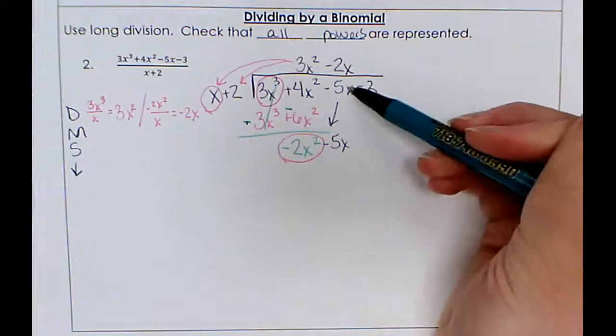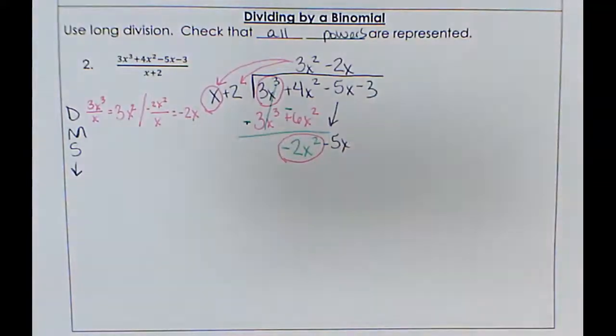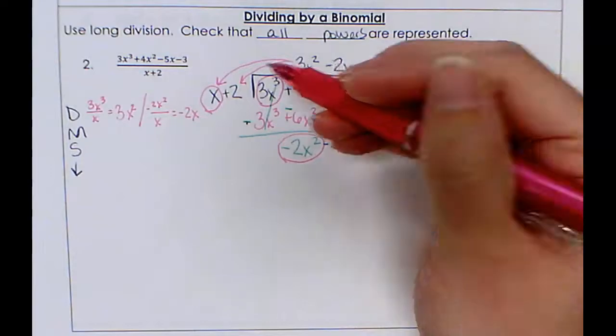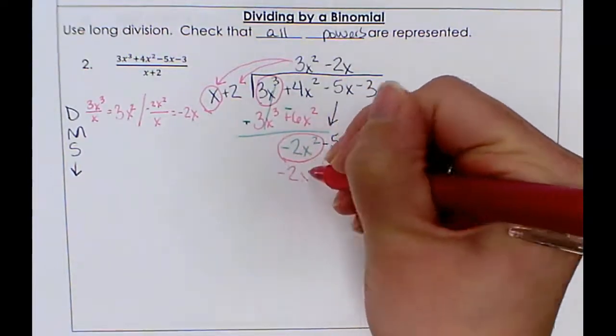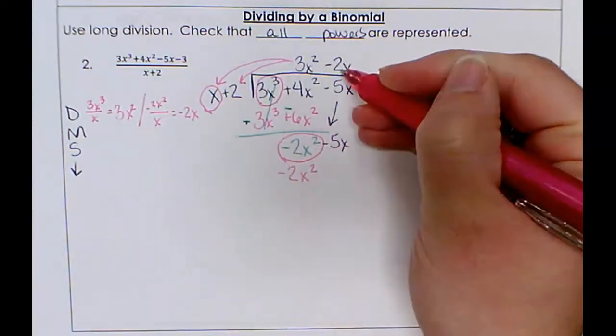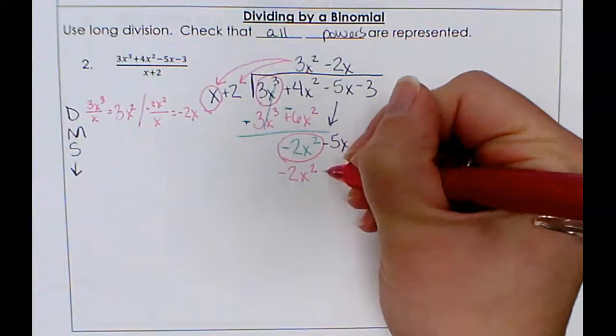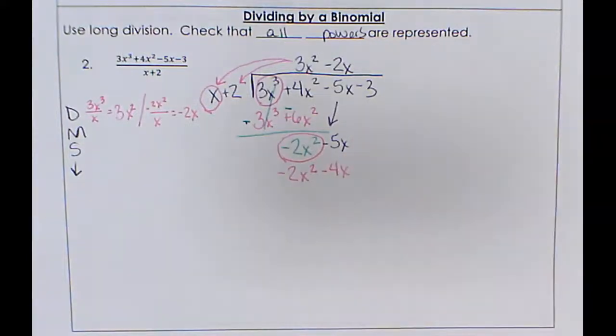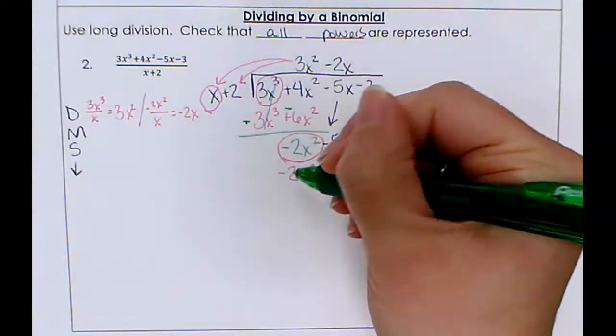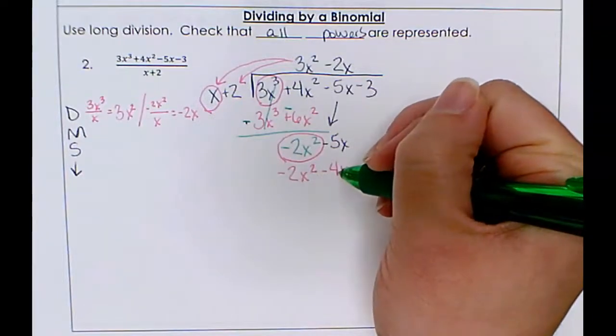Notice that I have the same terms in the column. Next step is to multiply. Negative 2x times x is negative 2x squared. Negative 2x times 2 is negative 4x. I want to do the subtraction, so I'm going to subtract both terms. I need to change both signs.